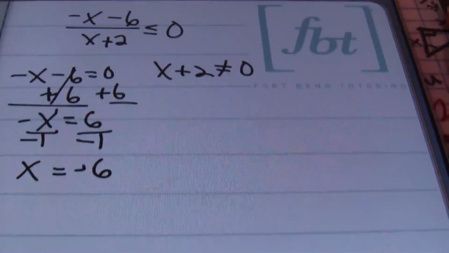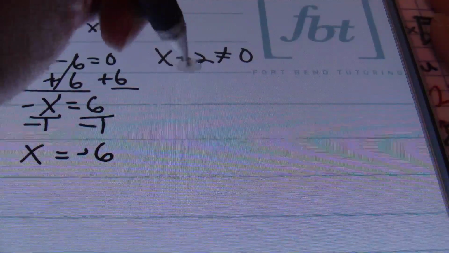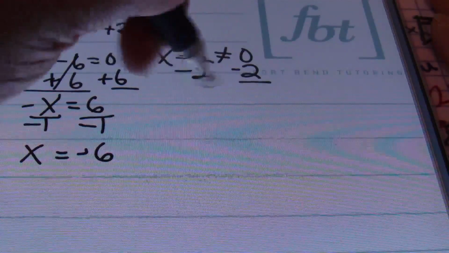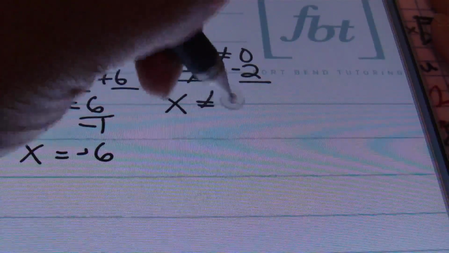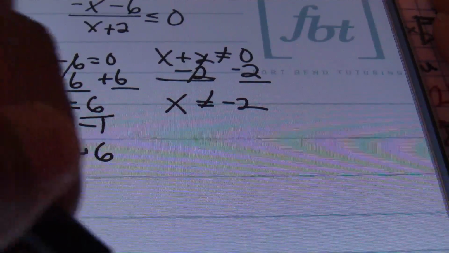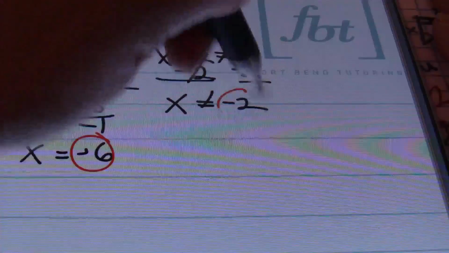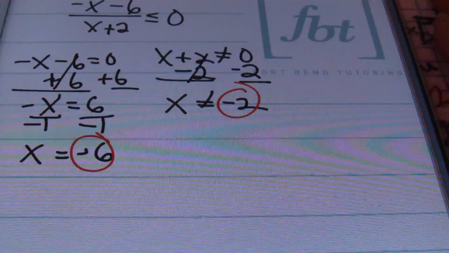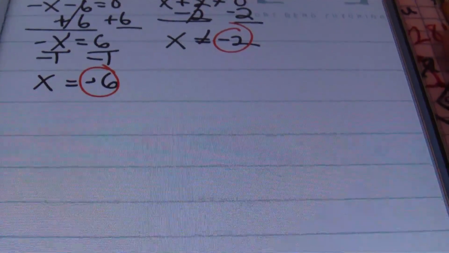So that's my first critical value, negative 6. Then I'll be subtracting 2 from both sides. So x cannot equal negative 2, and negative 2 is also another critical value. So I'll be circling those. All right, so you'll see that my critical values are negative 6 and negative 2.